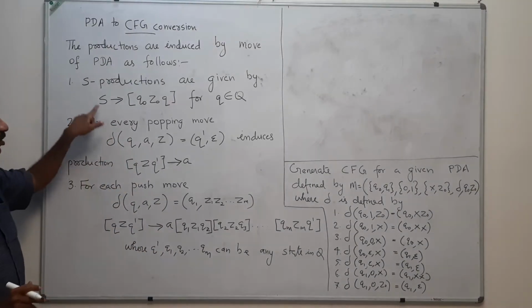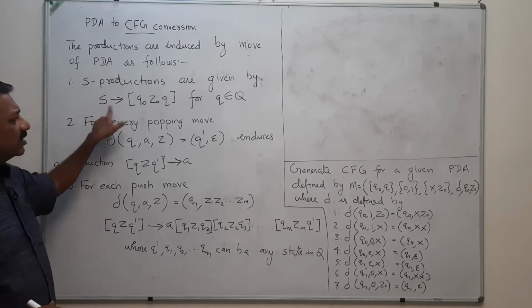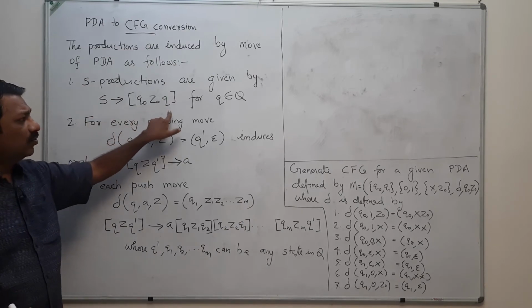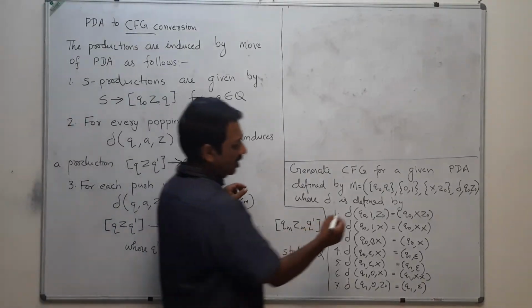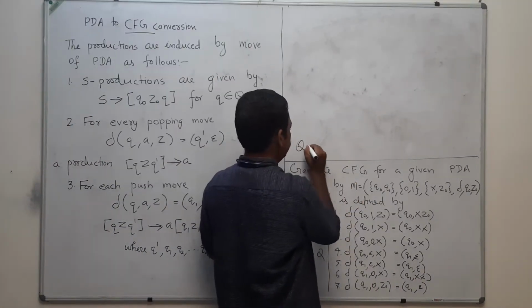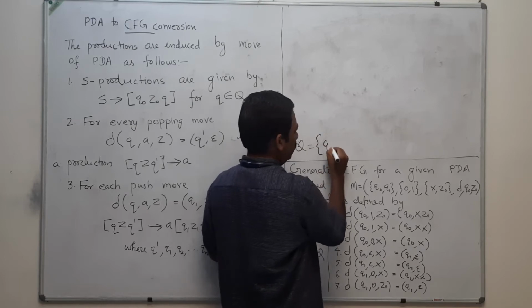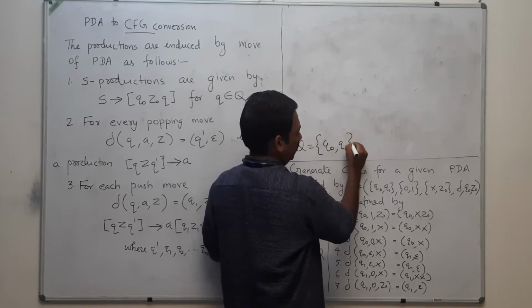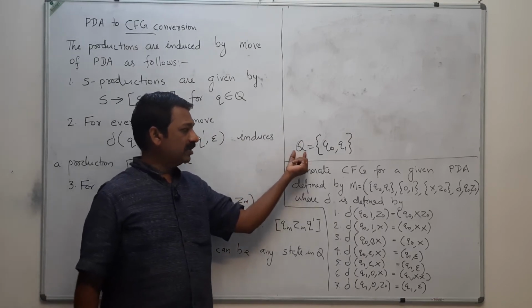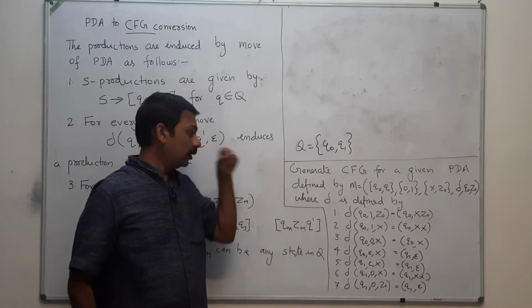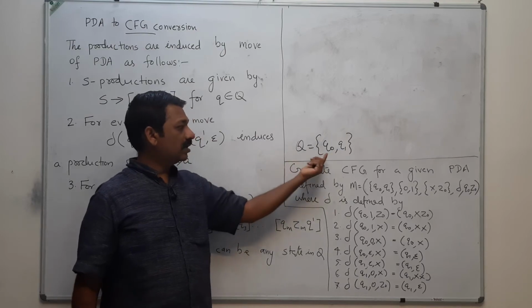The S productions are induced by S derives [q0, Z0, q] for all q in Q. Here we have Q equal to {q0, q1}. That means this set has two elements, q0 and q1.